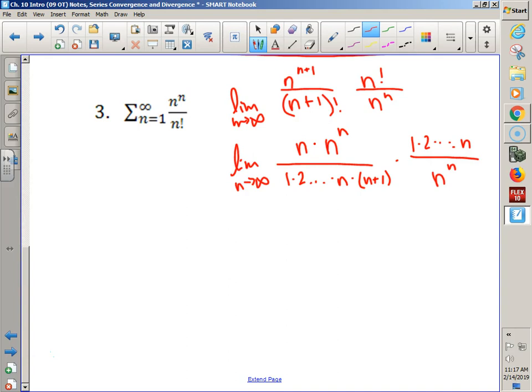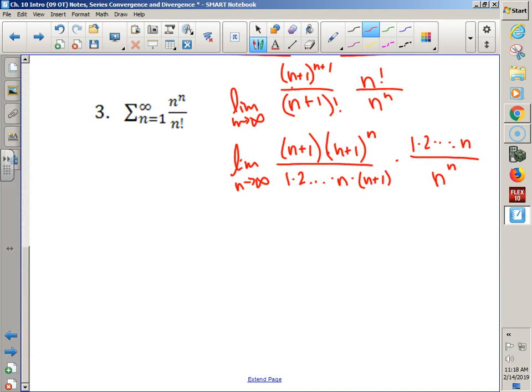Did you guys think of splitting it up? Don't you do this on the base side as well? Because how many n's did we have? Well, we had an n there and an n there, right? Okay, so we could do that, right?